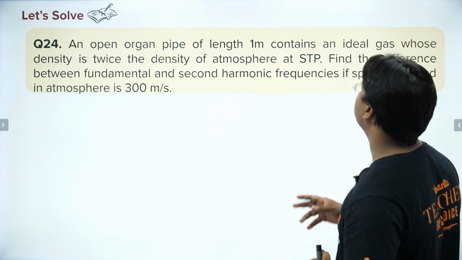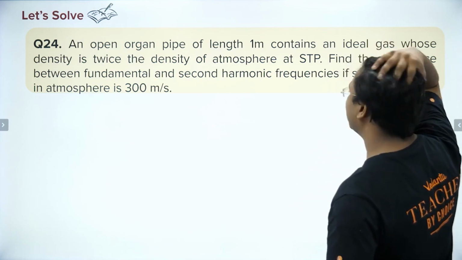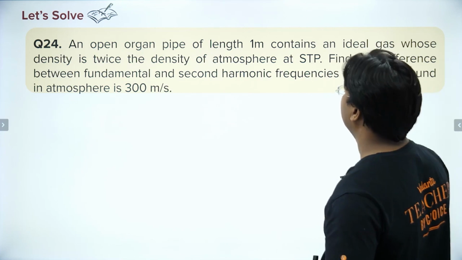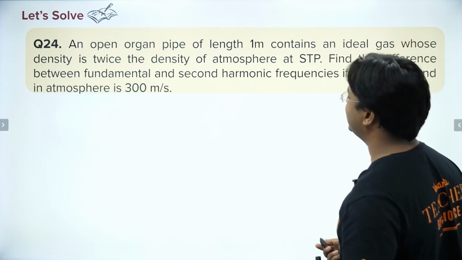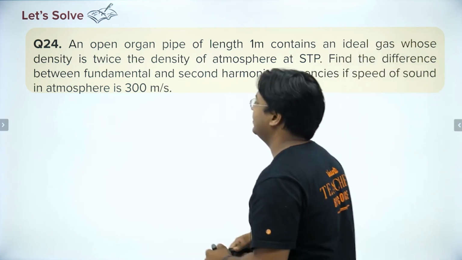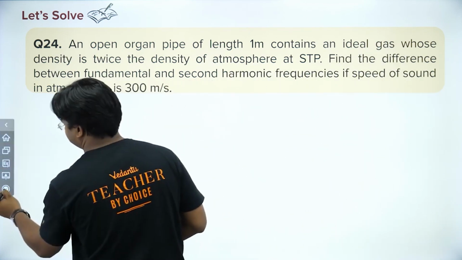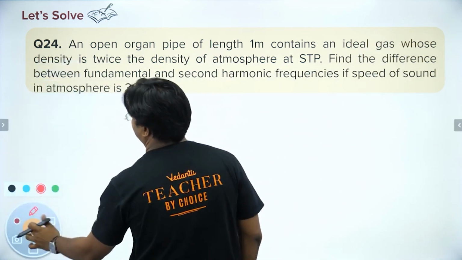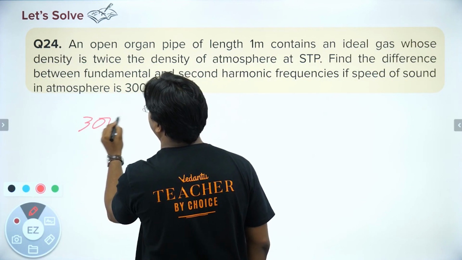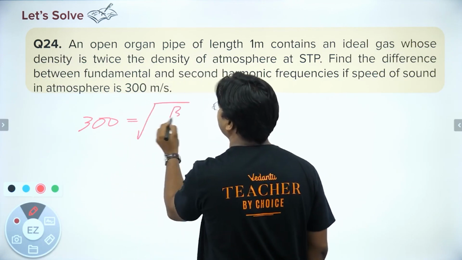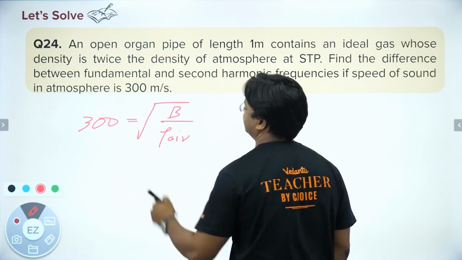Okay. So the second last question, let's do this. An open organ pipe of length 1 meter contains an ideal gas whose density is twice the density of atmosphere at STP. Find the difference between the... Now let's try to do this question. See, speed of sound in air will be written as root of bulk modulus upon density of air, right?